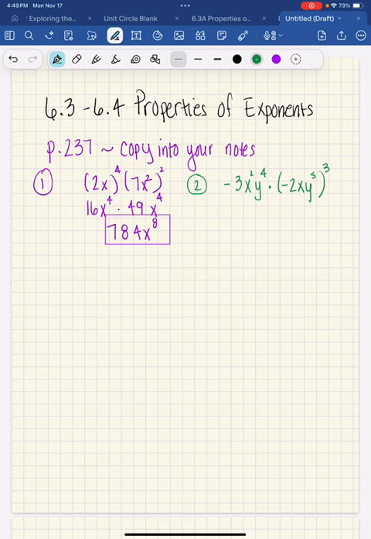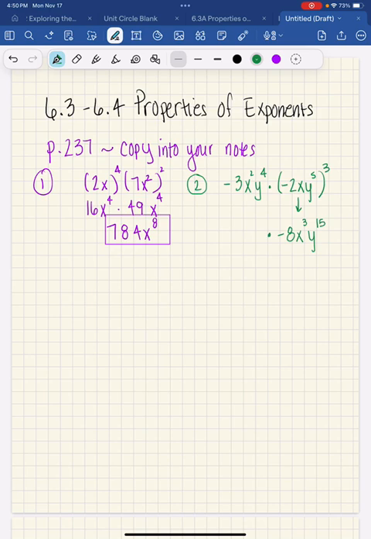Okay, my recommendation, parentheses and exponents come first. So take care of the quantity that I was circling. Negative 2 cubed is negative 8. X to the 1st cubed is x cubed. Y to the 5th cubed is y to the 15th. That is the power property.